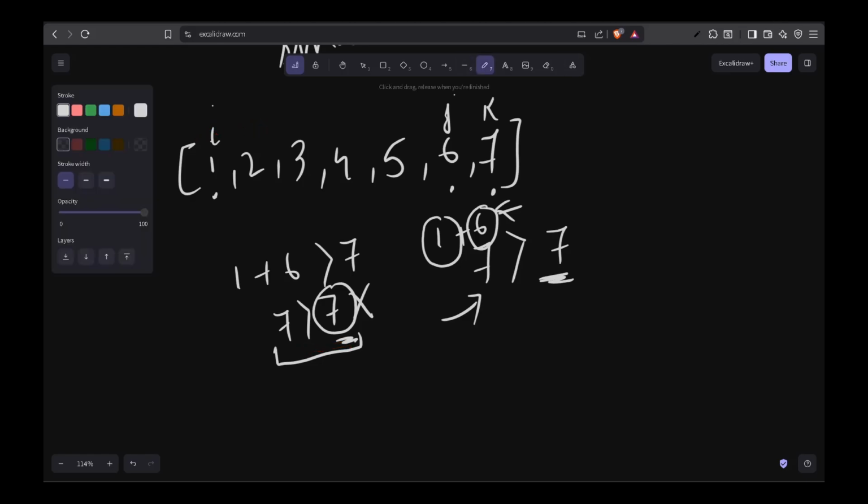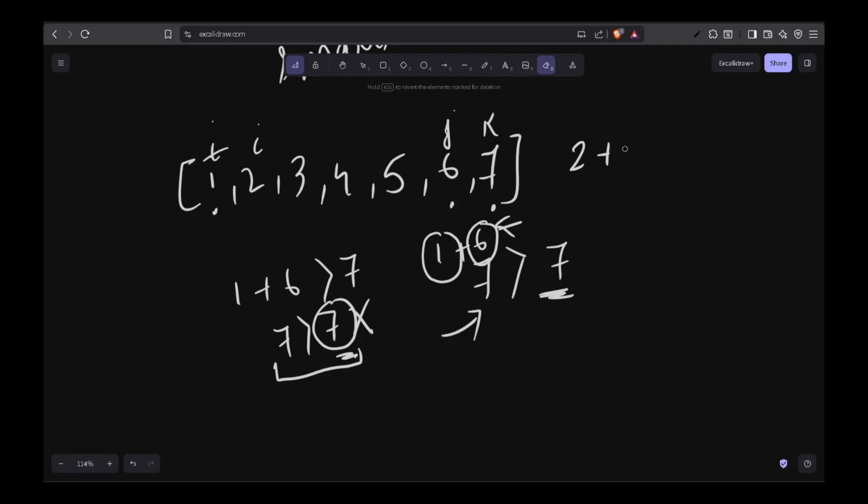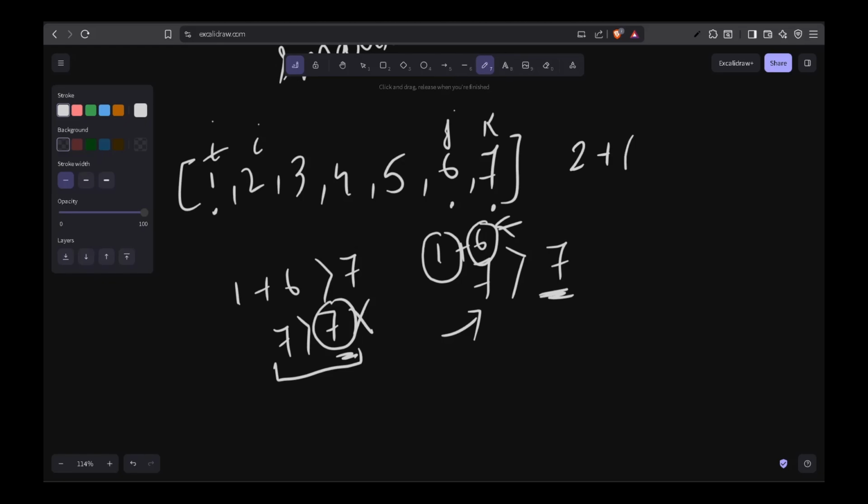So let's do that. We'll move i here, right? So till now we have not found a single combination that is a valid triangle. Now we have moved i, and the new combination it becomes is 2 plus 6 greater than 7, and that gives us 8 greater than 7.